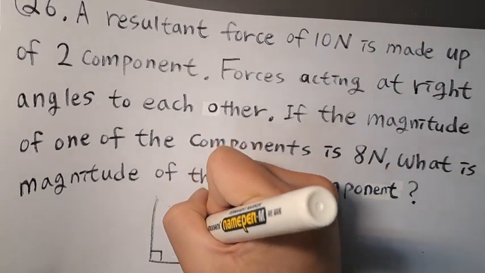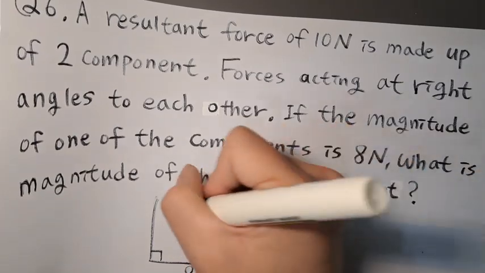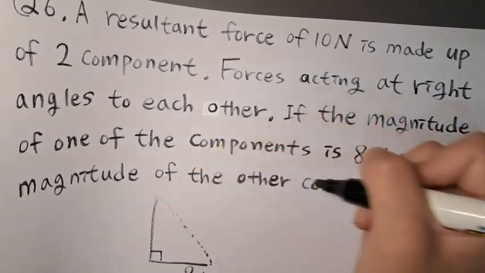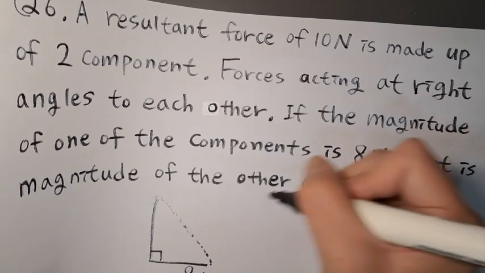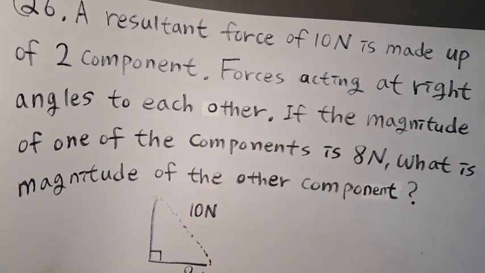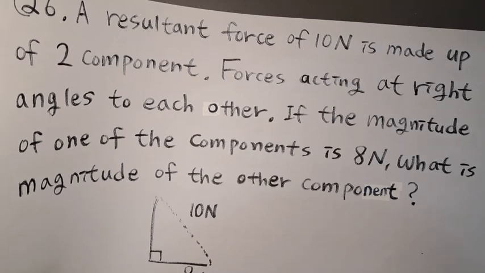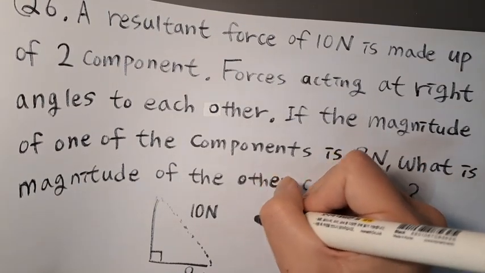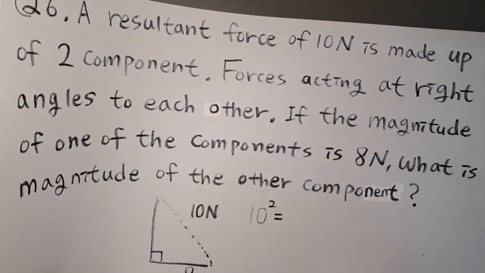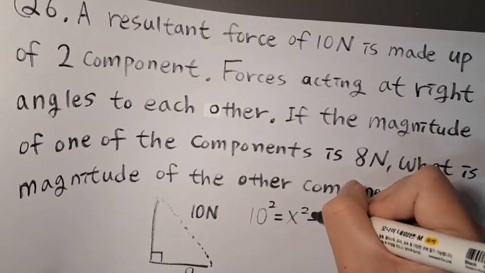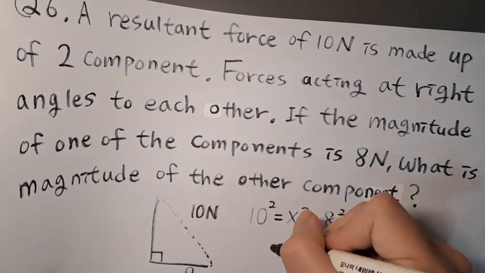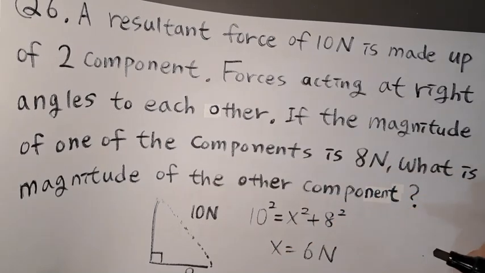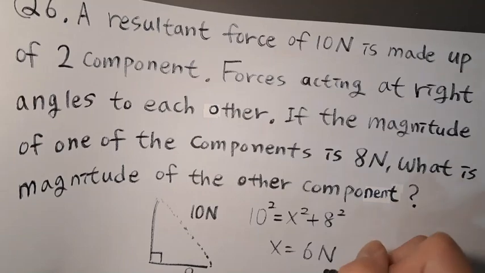Then this is made by these two components. Apply the Pythagoras theorem to find the rest value. So we're going to apply the Pythagoras theorem, then we can find these. So the magnitude of the other component is going to be 6 Newton.